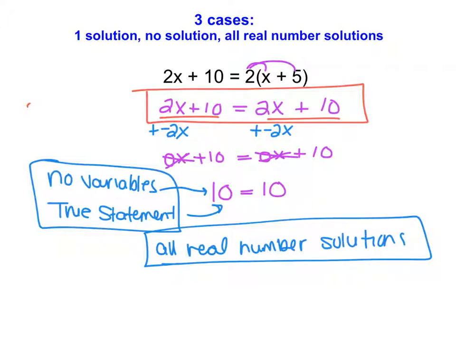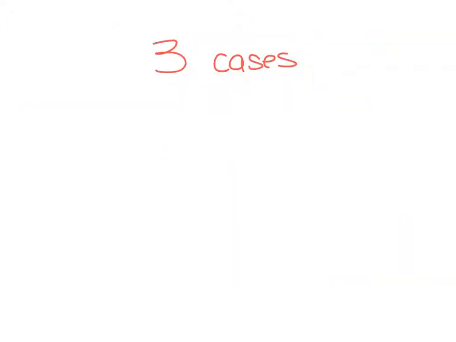So what you're looking for, if you have no variables and a true statement at the bottom, then you have an all real number solution situation. So just to recap those last few slides, we will have 3 cases when we're solving linear equations. One case is where we have one singular solution.